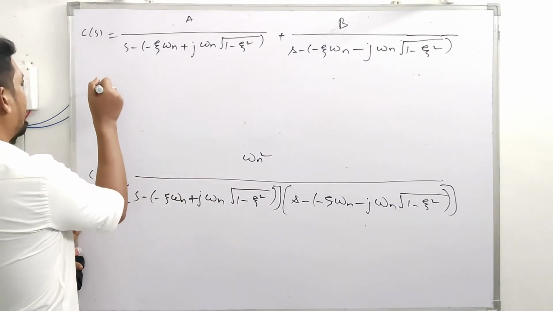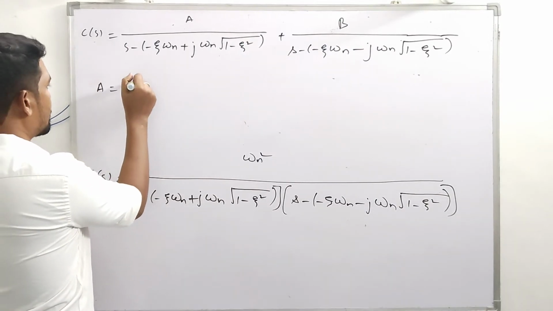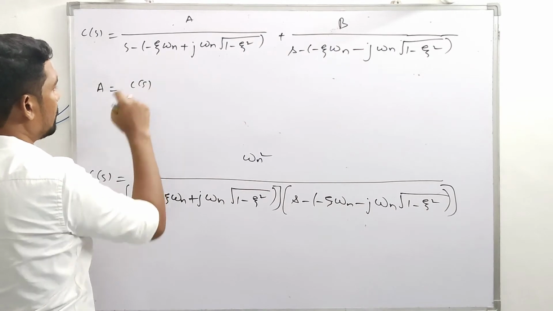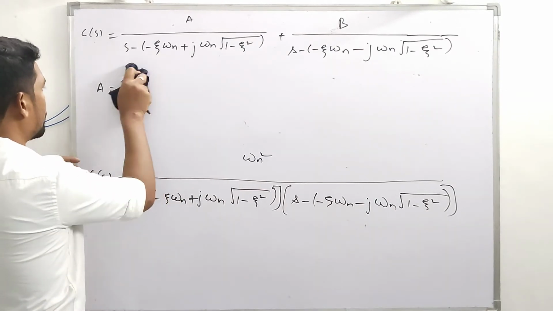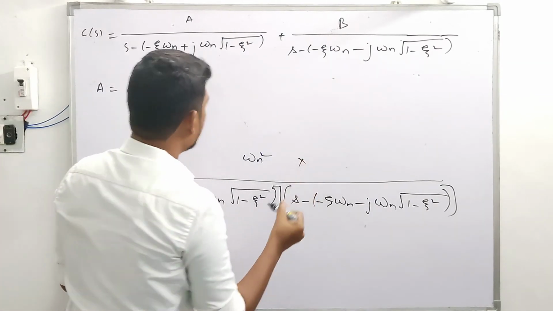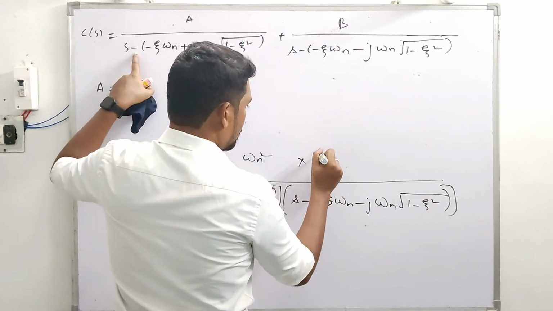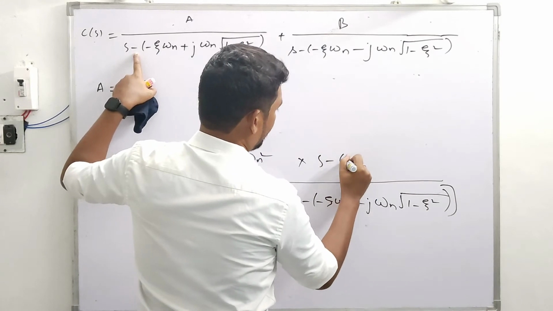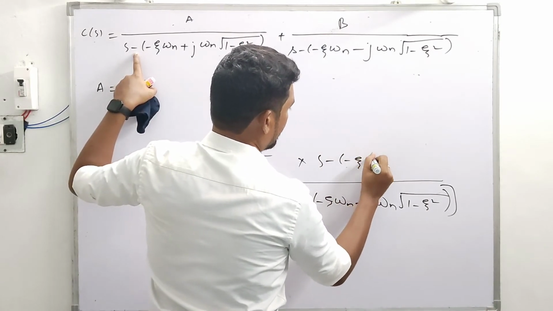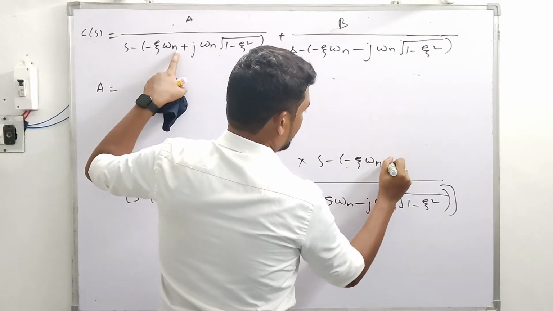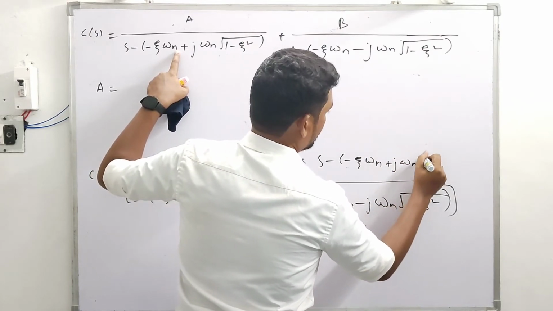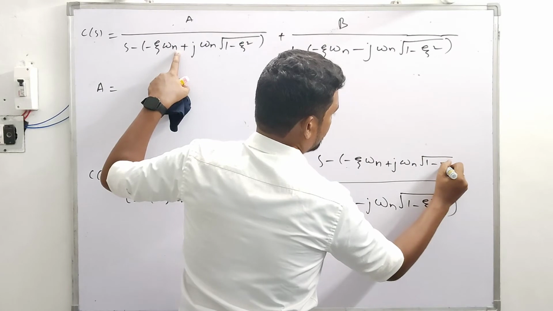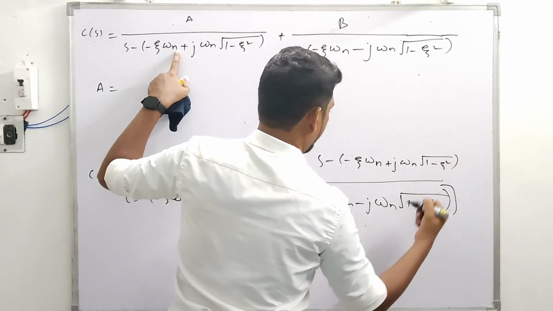Now once again, how to evaluate a is C of s is multiplied with the a residue. Let's do it over here, is multiplied with whatever a into s minus of minus zeta omega n plus j omega n into under root 1 minus zeta square, close the bracket.